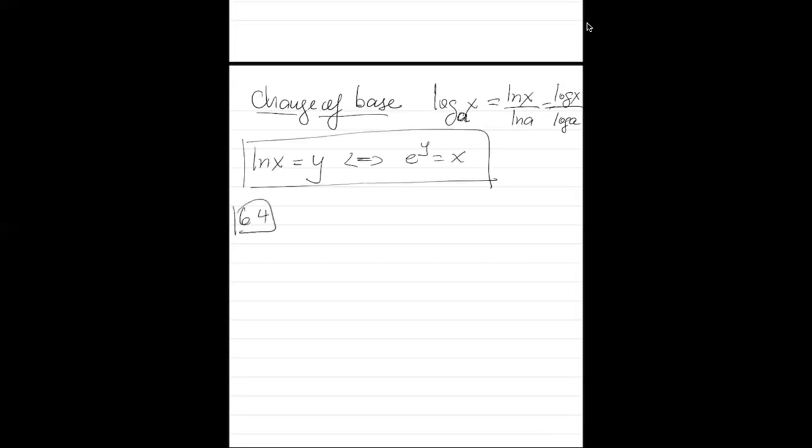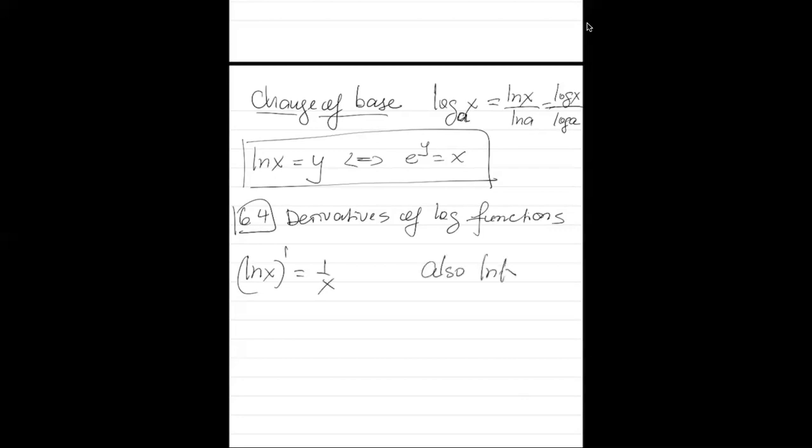6.4, derivatives of log functions. So we had several formulas here. The derivative of ln x is 1 over x, and also we proved the derivative of ln of absolute value of x is also 1 over x.